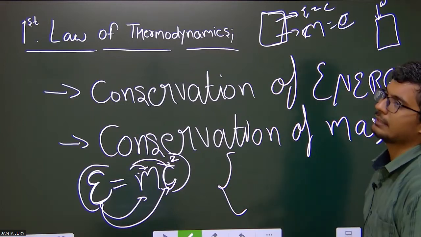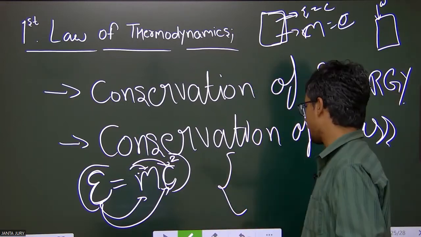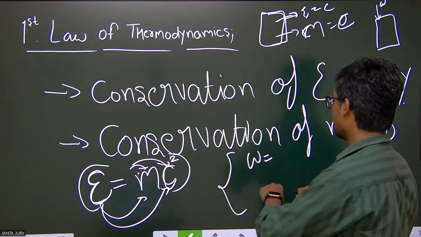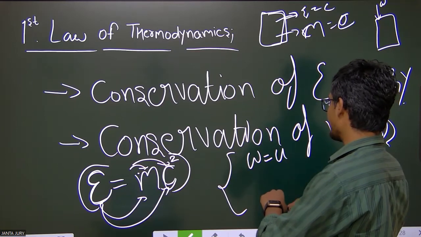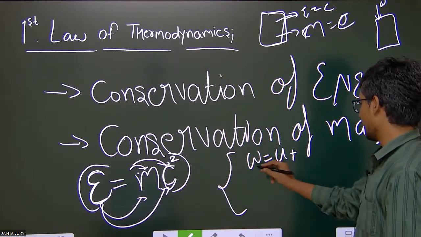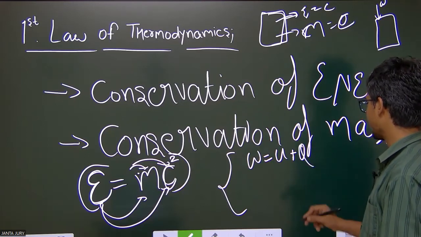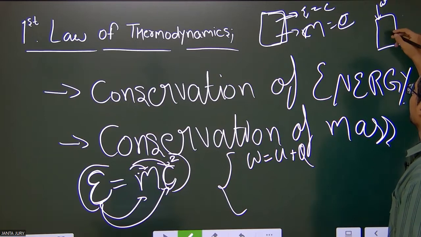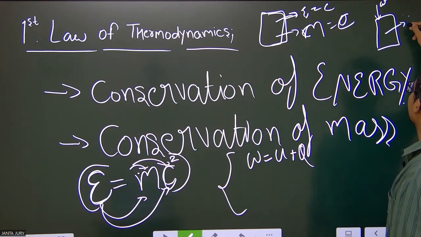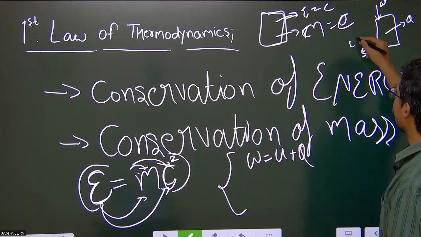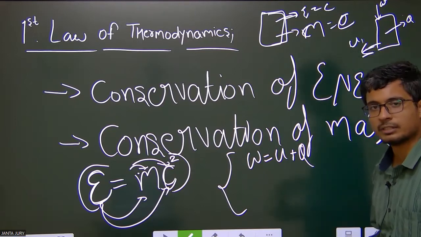We will still say the energy of the system remains the same. The work that we have applied will be used to raise the internal energy. If we apply work on this body, the internal energy of its particles will increase because heat is produced.